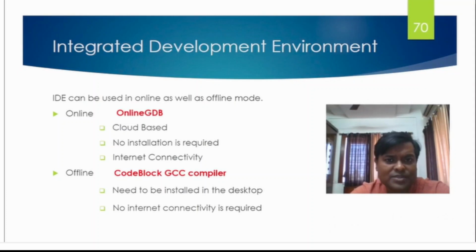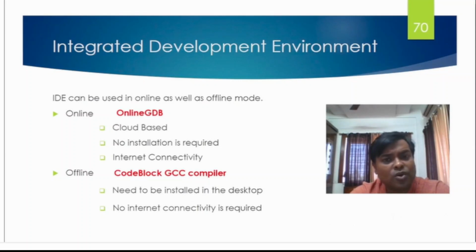So what I mean to say, irrespective of the mode, you can run a program wherever you wish. So there is no hard and fast rule that you will only use one. Nowadays there are many compilers that you can actually install on your mobile also.